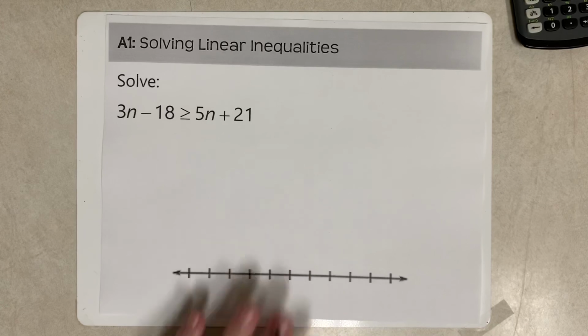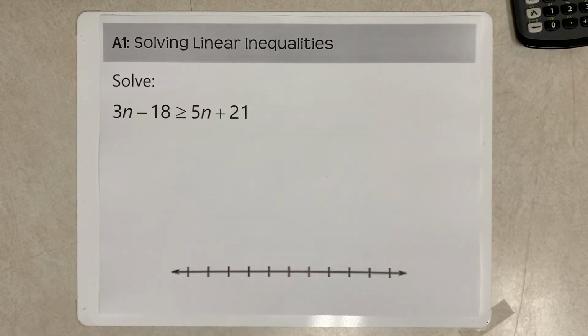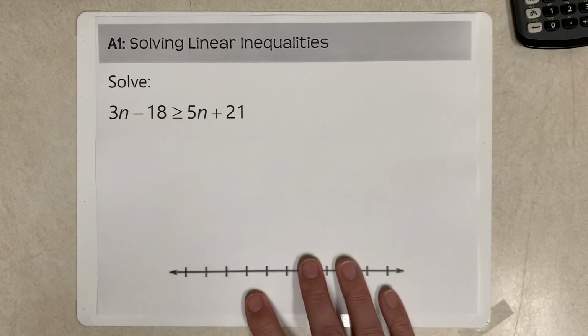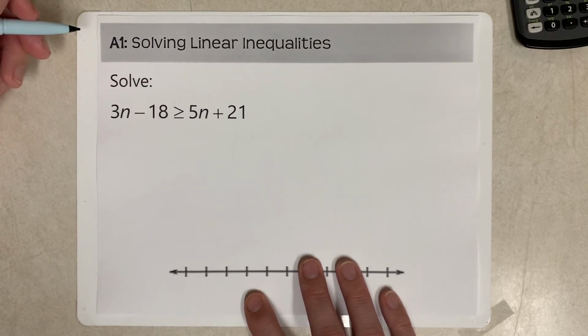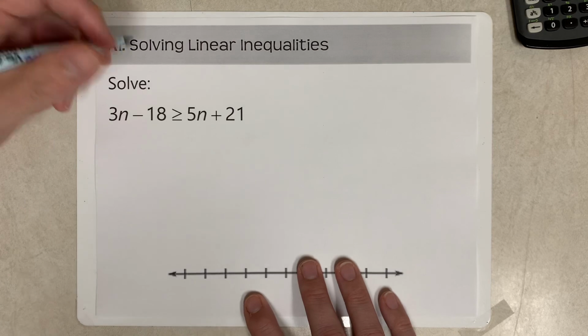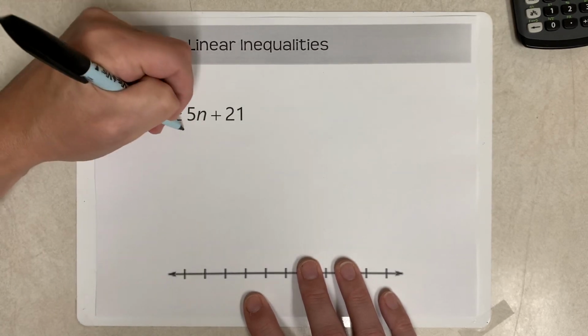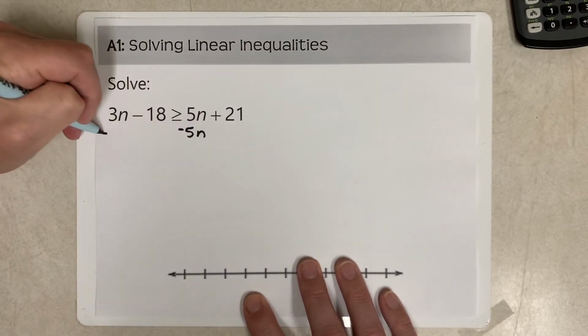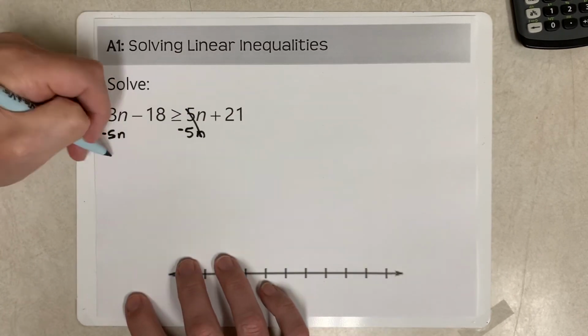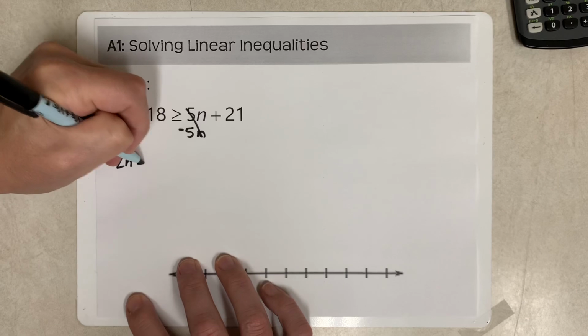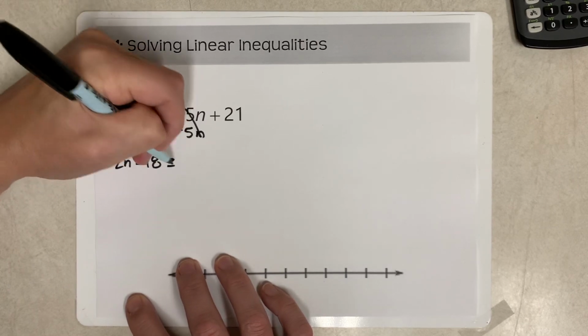Okay, so here we have one with variables on both sides, just like you would see with an equation. So I have a choice. I really want to get my variables on the left. So I might as well just go ahead and subtract 5n on both sides. Those guys cancel. 3 take away 5 is negative 2n minus 18 greater than or equal to 21.